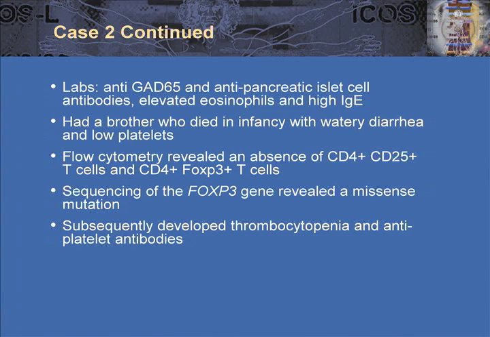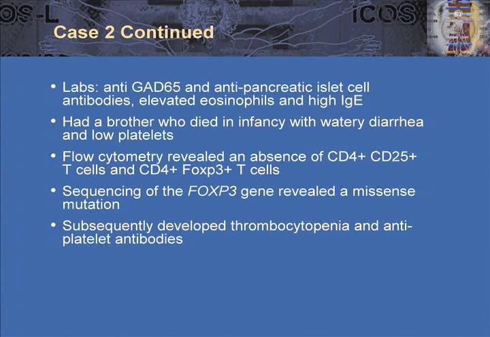Flow cytometry was performed on peripheral cells from Billy, and this revealed an absence of CD4 positive T cells that also have the T cell activation marker CD25, which is the interleukin 2 receptor, and it also revealed an absence of CD4 positive T cells which express the intracellular transcription factor FOXP3, which I'll get back to.